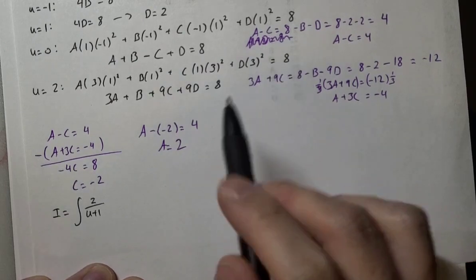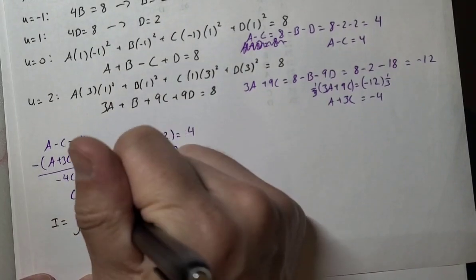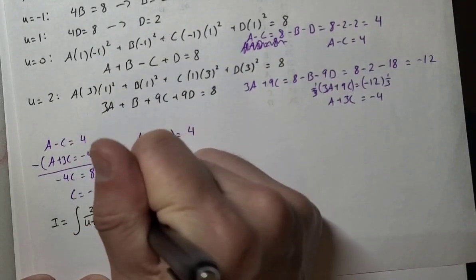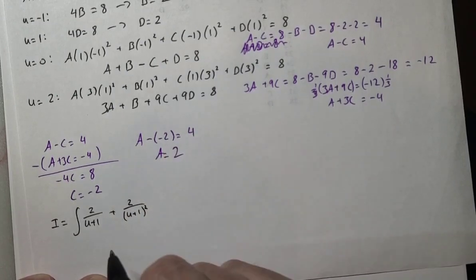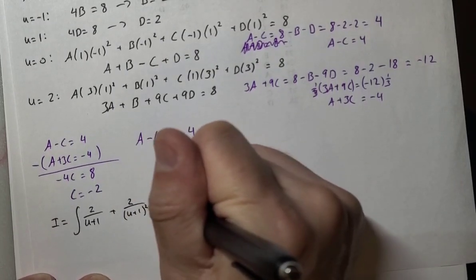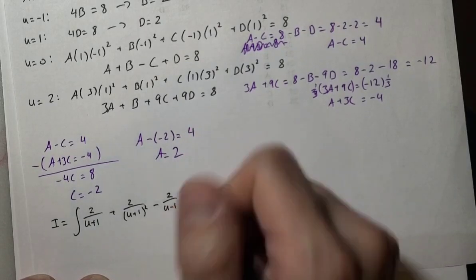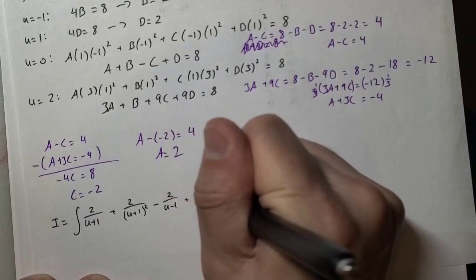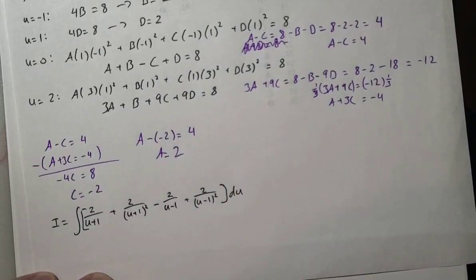What was B? B was also 2. So plus 2 over u plus 1 squared. C was minus 2, so minus 2 over u minus 1. D was positive 2, so plus 2 over u minus 1 squared. This whole thing by du.